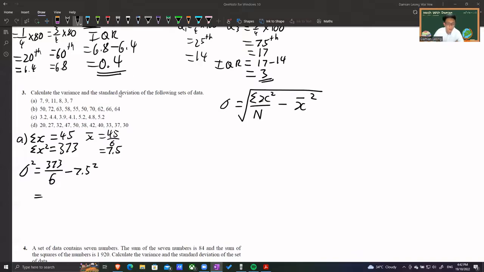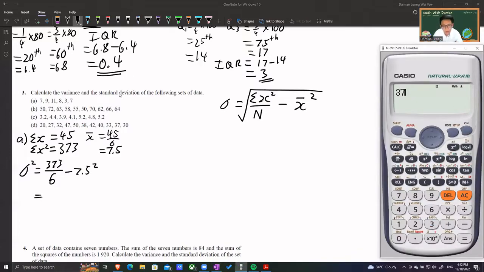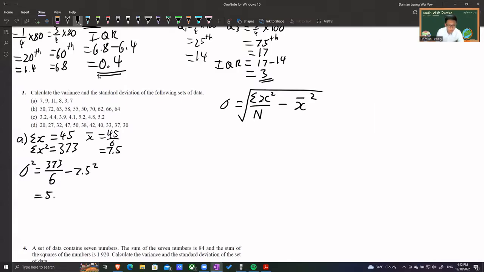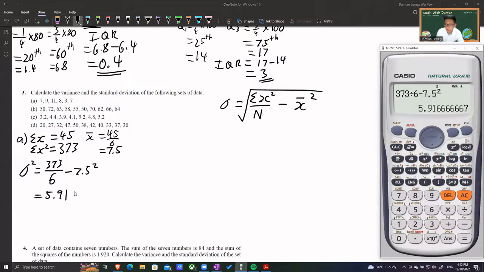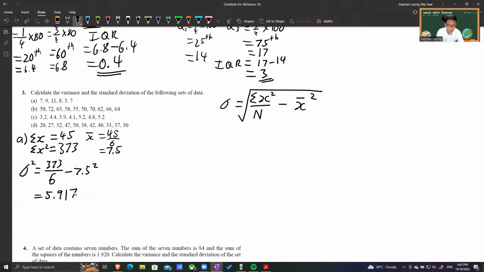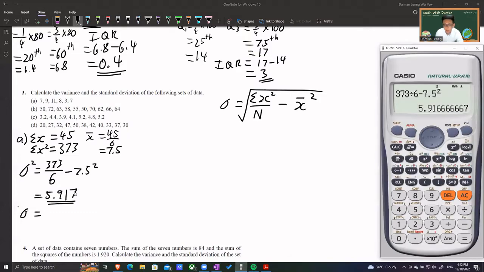If you find it easier to key in like this, then by all means, you can count the mean first. So you get 5.9167. And for the standard deviation, we just square root your variance.